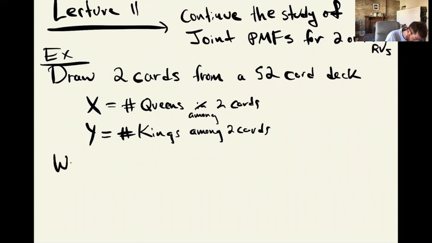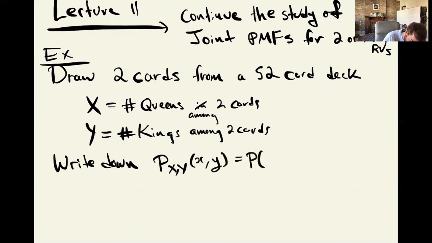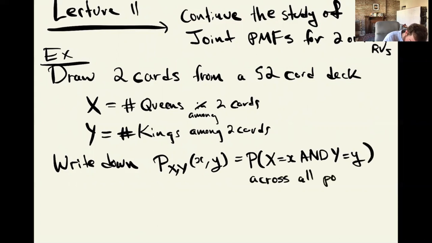So let's write down the probability mass function associated to x and y, which we would interpret as writing down the probability that big X equals little x and big Y equals little y across all possible values for little x and little y.